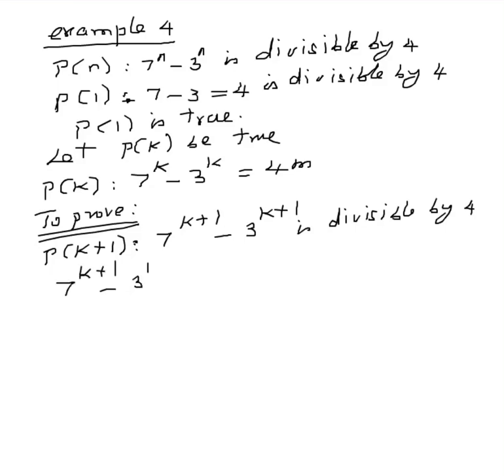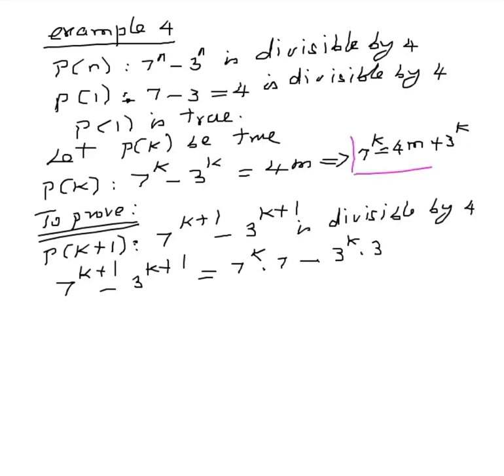Let us take this expression and split the power as 7 power k into 7 power 1 minus 3 power k into 3 power 1. Now from this P of k result, 7 power k is 4m plus 3 power k.